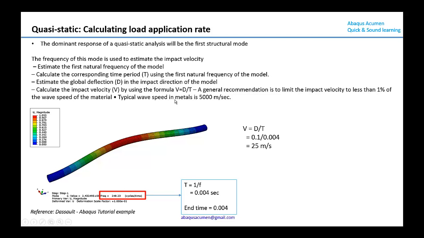The typical wave speed in metal is 5000 meter per second. So 1% of 5000 meter per second is around 50 meter per second, and based on this we can safely say that our velocity is less than 1% of this number.